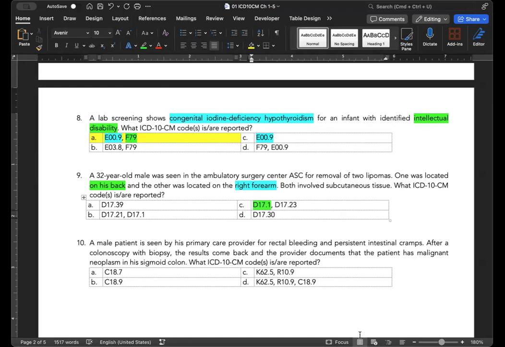And then what's our code for the right forearm? We've got D17.2, and then we've got to go to the back and expand it.